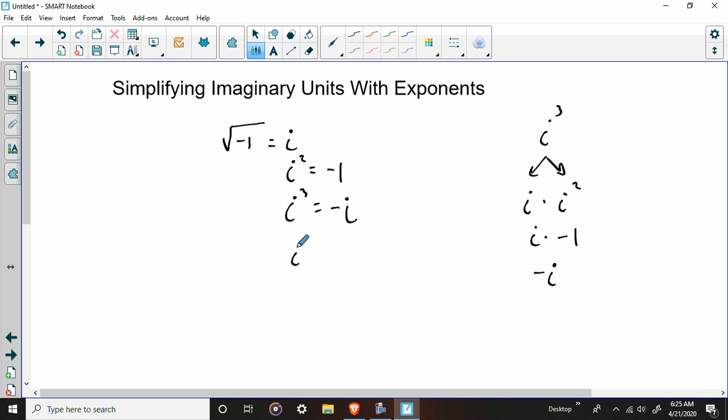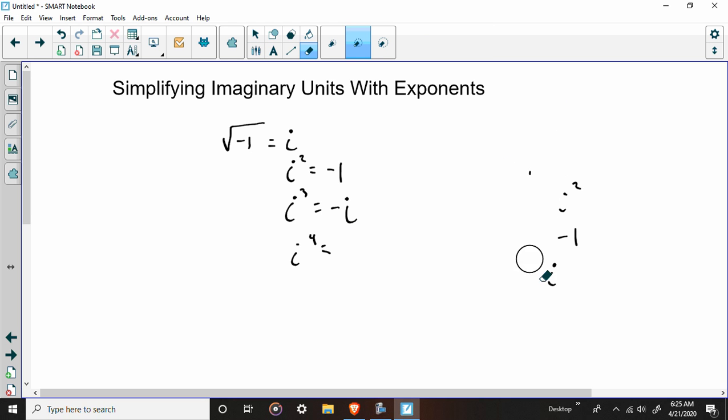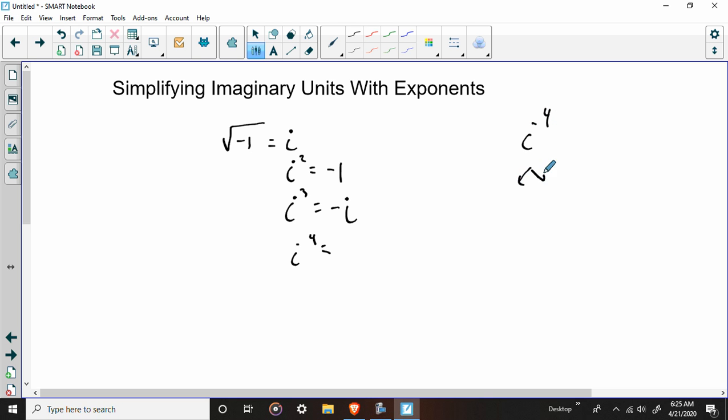What about i to the 4th power? Well, i to the 4th power is going to be our magic bullet. It's going to be amazing. Okay, so this is what's going to help us out. i to the 4th power is actually i squared times i squared, right?